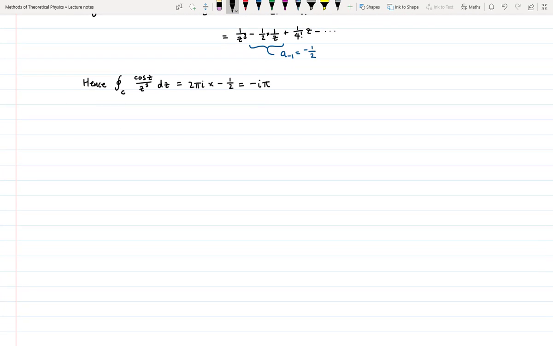The next natural question to ask is what happens if there are multiple isolated singularities? So we'll ask what happens if the contour of integration contains more than one isolated singularity.